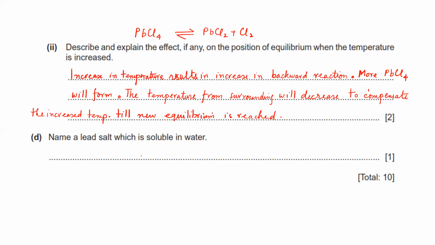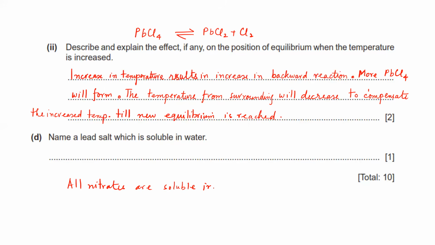Then part D, it says name a lead salt which is soluble in water. So remember, all nitrates are soluble in water. Sometimes we have to name salts. Whatever metal ion you have, make a nitrate, and that will be soluble in water.